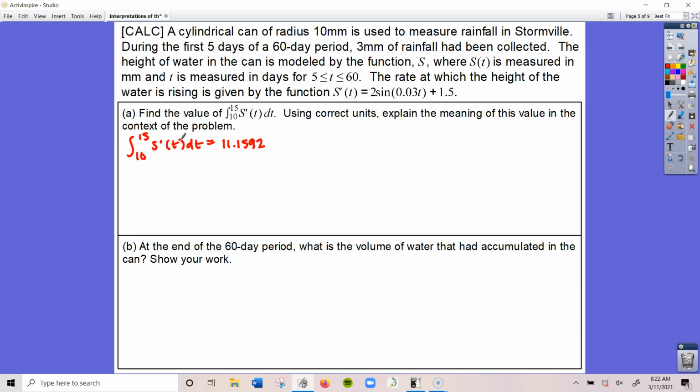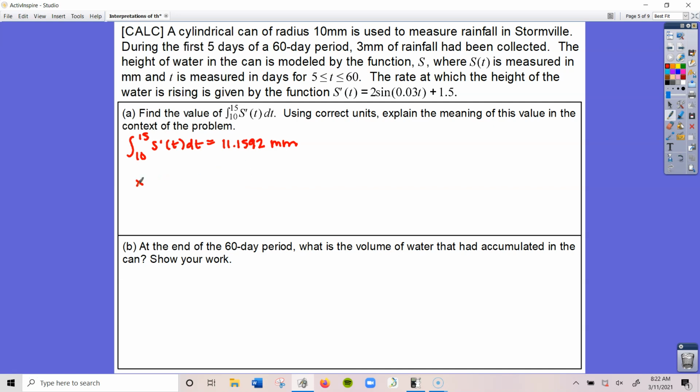And since we just integrated a rate, this represents the amount, and this would be millimeters. So now this represents the change in the water level from t is equal to 10 to t is equal to 15.